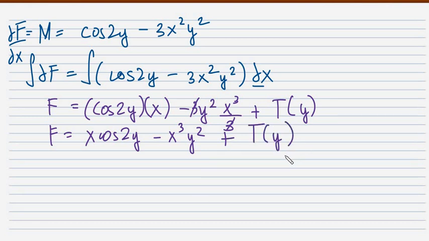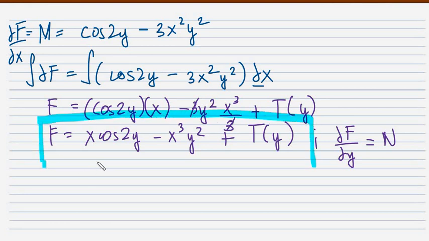What is t of y? We will now use the second statement, that the partial derivative of f with respect to y is equal to N. This is actually the solution, but it's incomplete because we still have to solve for t of y.